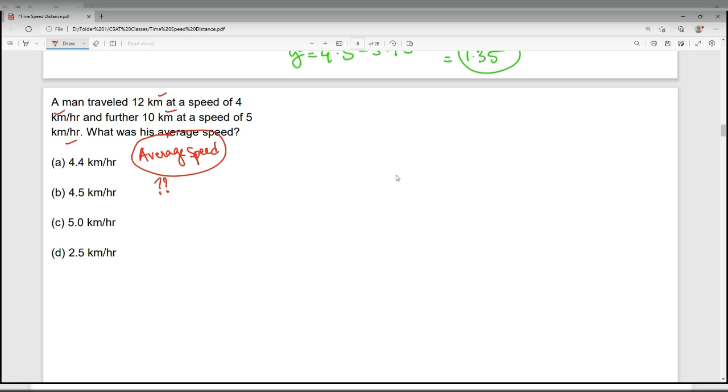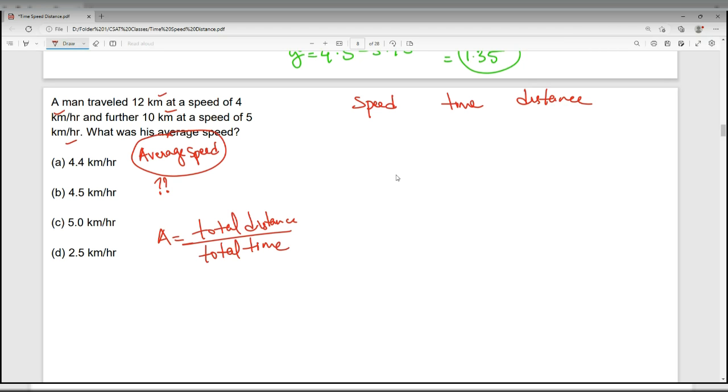So we'll draw our chart here. We have speed, time, and distance. And we know that average speed is equal to total distance upon total time taken. What they've said is a man traveled 12 kilometers at a speed of 4 kilometers per hour.